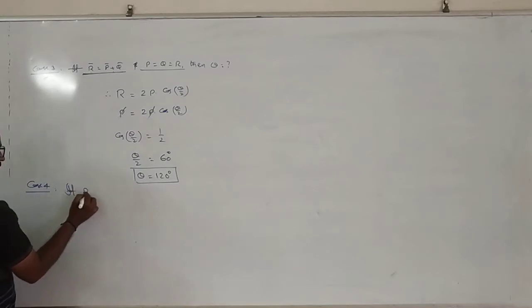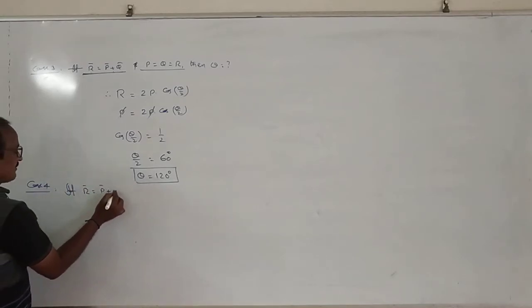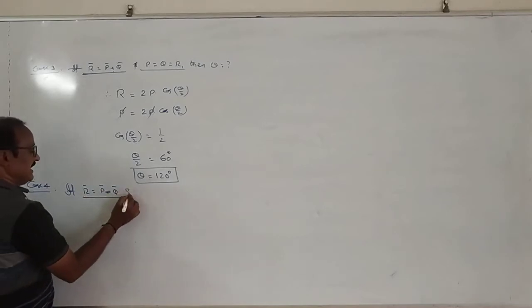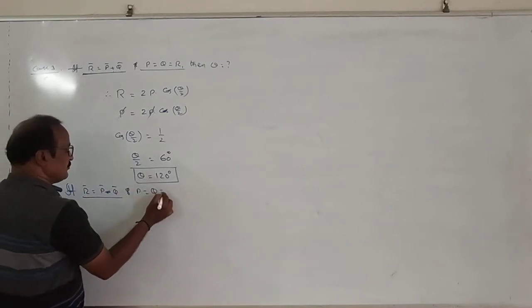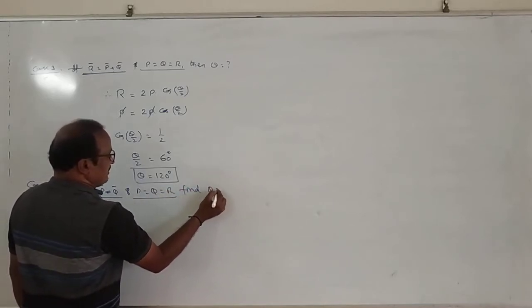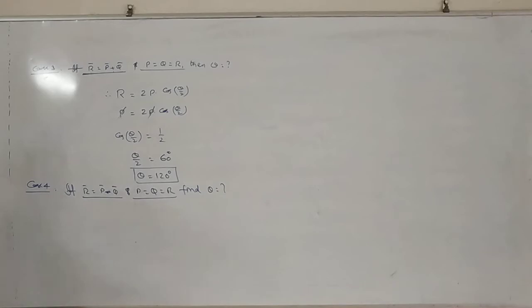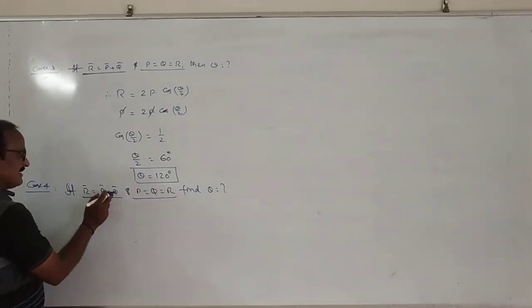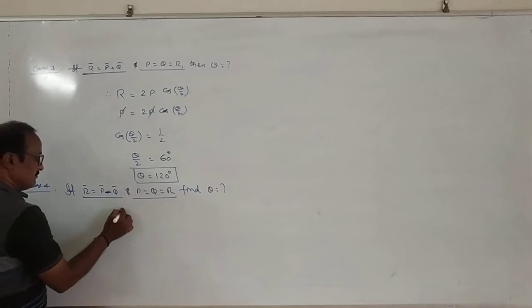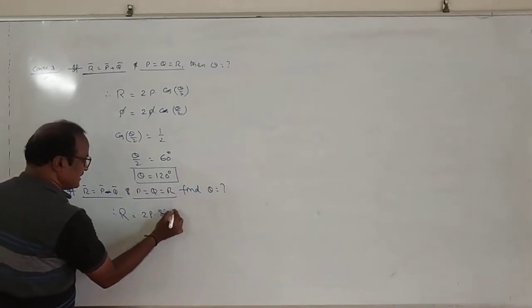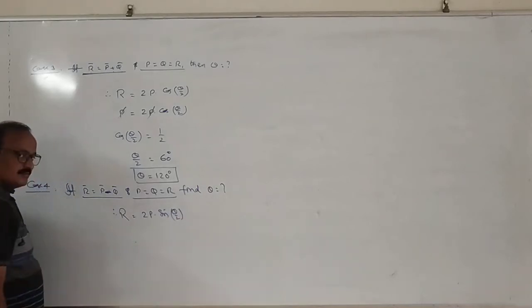Suppose R bar is equal to P bar minus Q bar and P is equal to Q is equal to R. Find the angle between the two vectors. This is the question. Suppose R bar is equal to P bar minus Q bar, then the magnitude R is equal to what is the formula? 2P sin theta by 2.